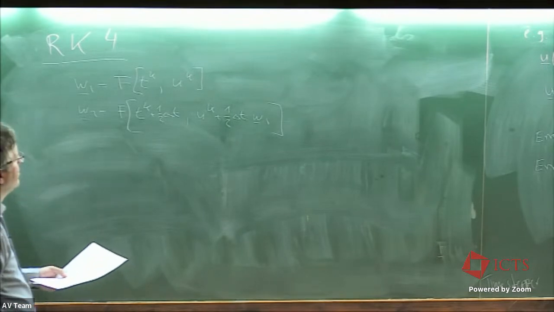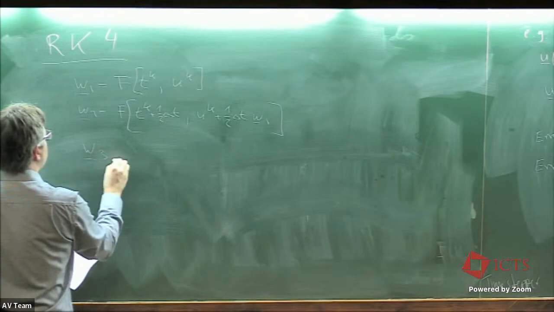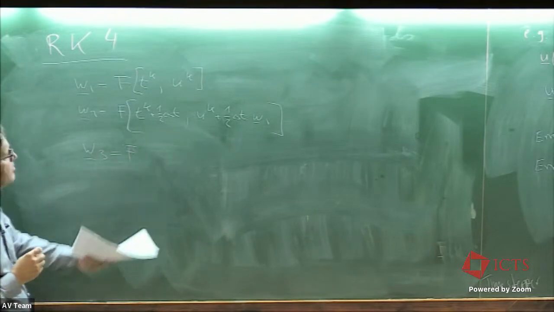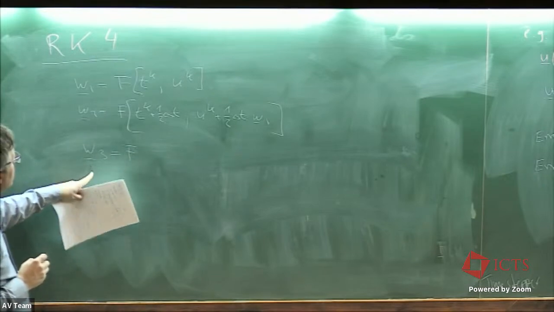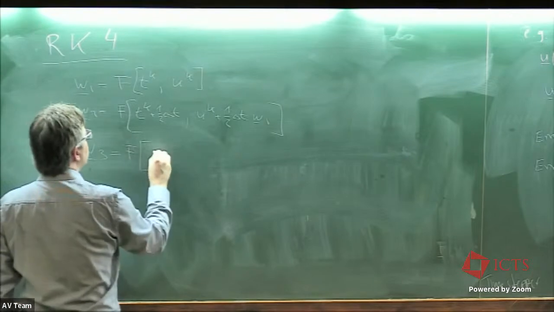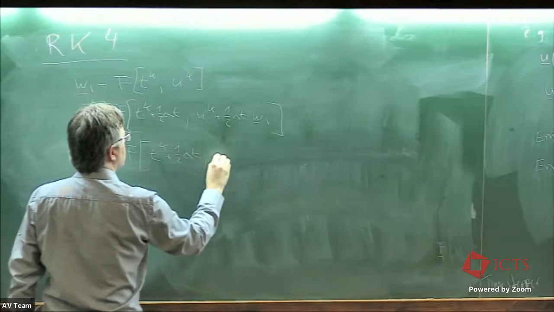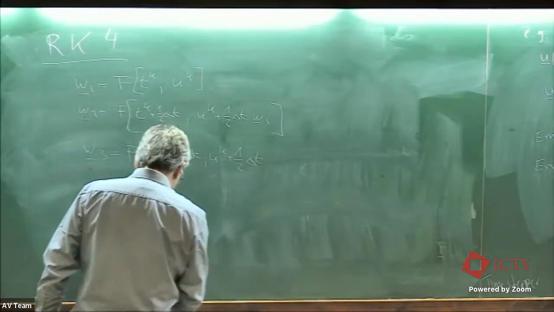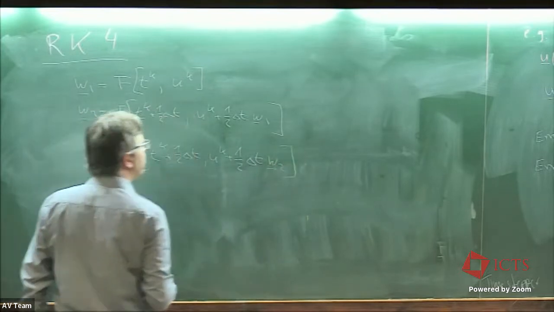At that point, life becomes more confusing, and so I won't be doing diagrams anymore. Now you're doing a W3 where you're still doing the thing in the middle, UK plus 1/2 delta t. And the difference here is that you're using W2.